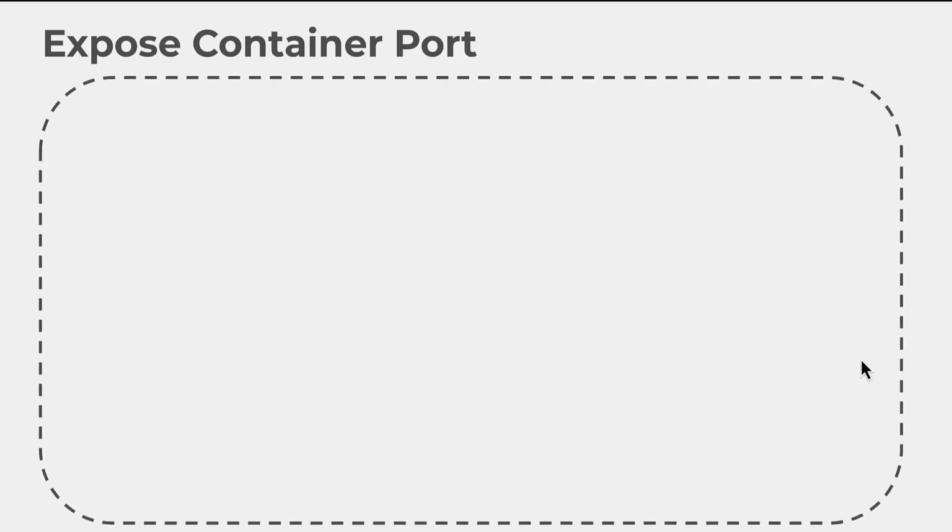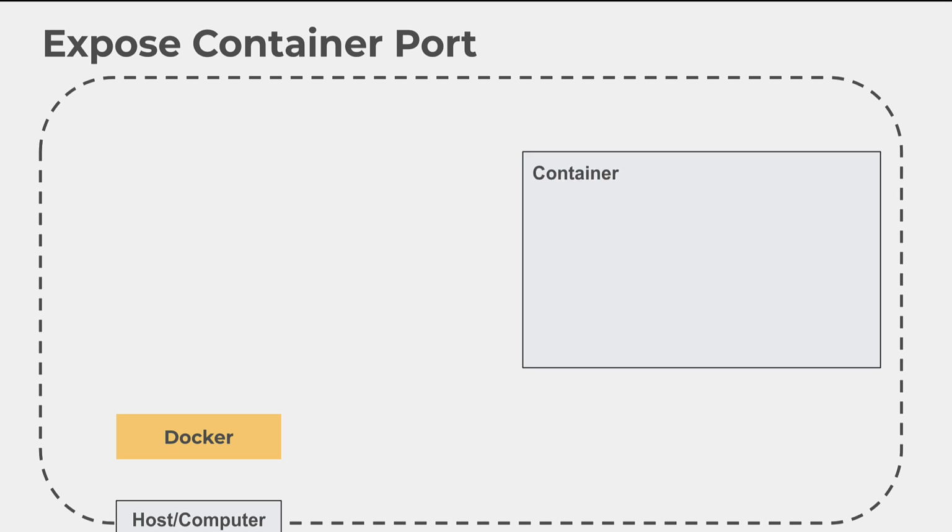What we have right now is our host computer. In our host computer, we have Docker running, and then we have the container that is running. Our NGINX is running, and the NGINX has port 80. That is the port of our container.